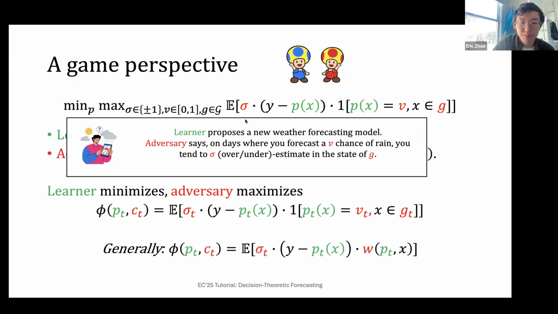But for the more general notion of calibration, it'll take this form where instead of critiques being sigma, v, and g, it'll be sigma, which replaces an absolute value, and w, which is some arbitrary weight function of p_t and x. That captures the conditioning on a pretty generic event that can depend arbitrarily on p_t and x.